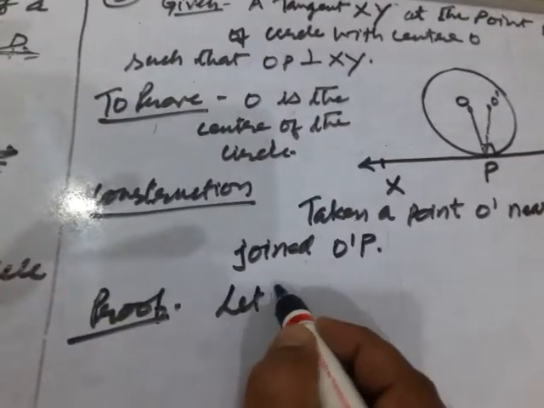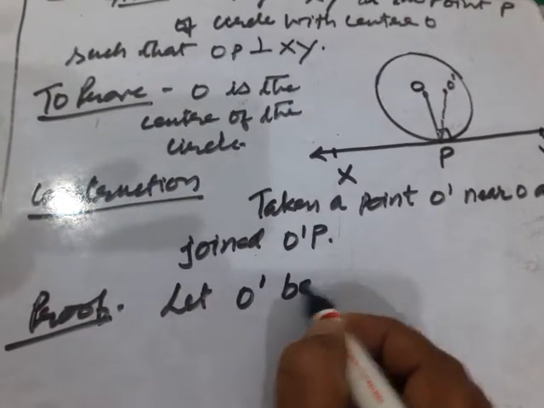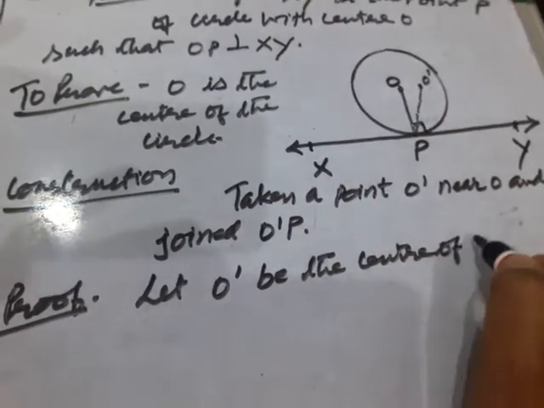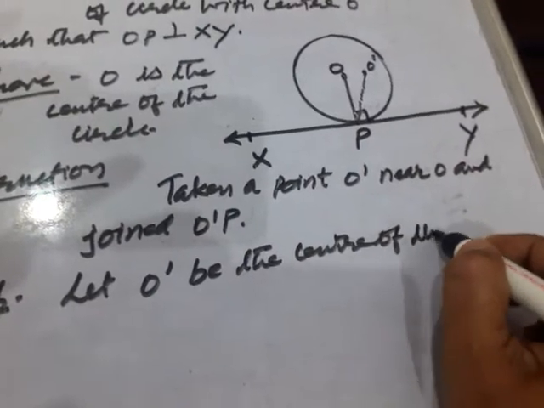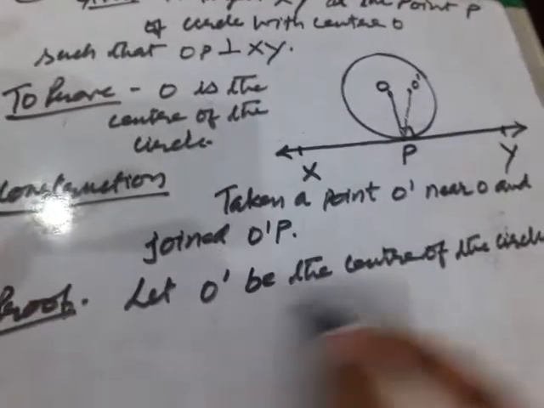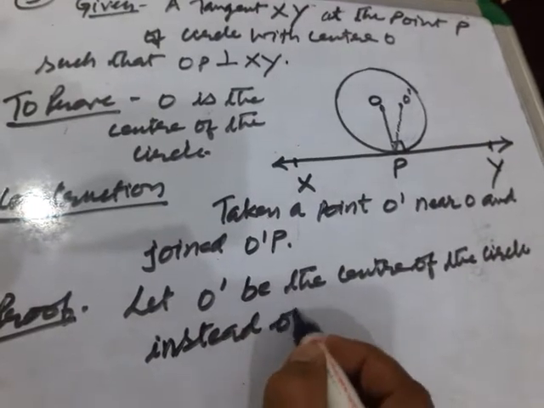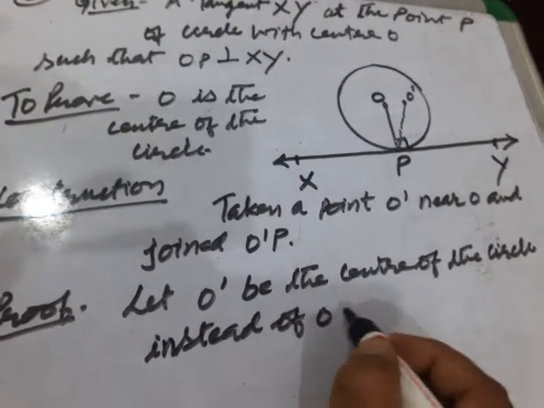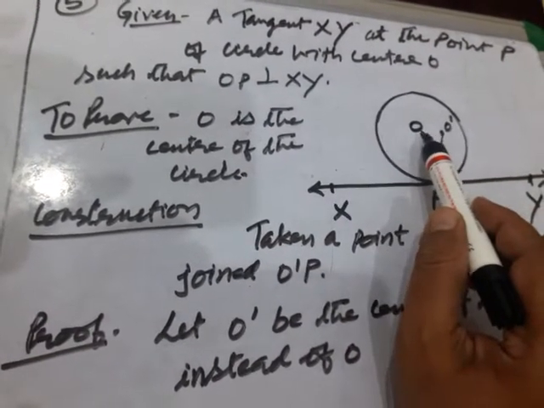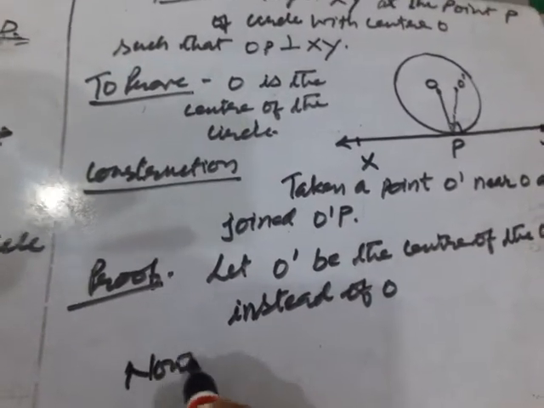Let O dash be the center of the circle, instead of O, in place of O. Okay, we have assumed that O dash is the center of the circle, not O. Okay children, now clear?